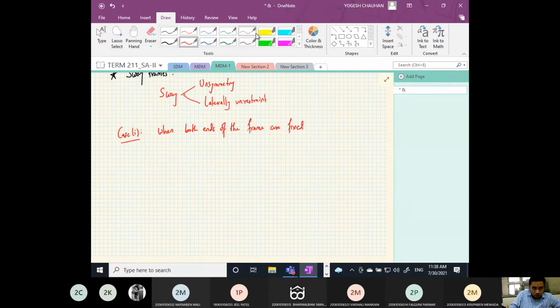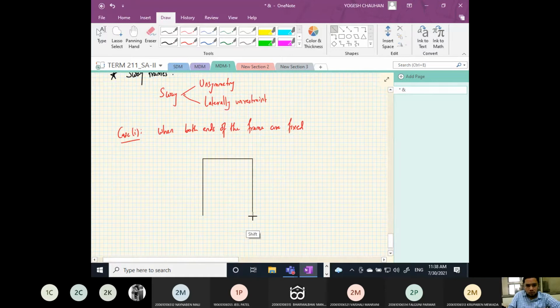That means suppose we have a frame with both of its ends fixed, and it is subjected to, let us say, some lateral load Q, or lateral load, let us say, S.